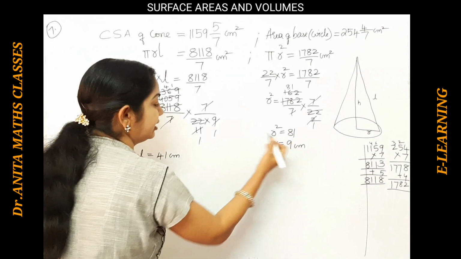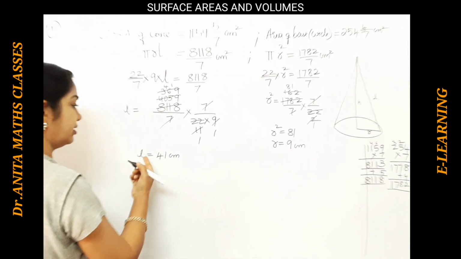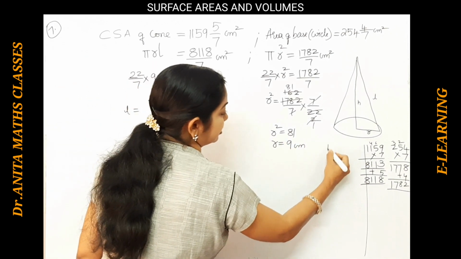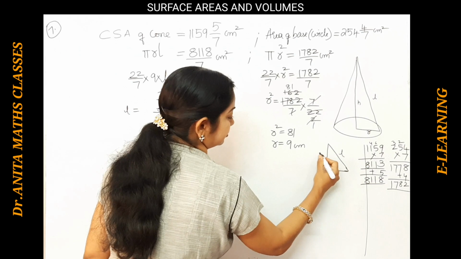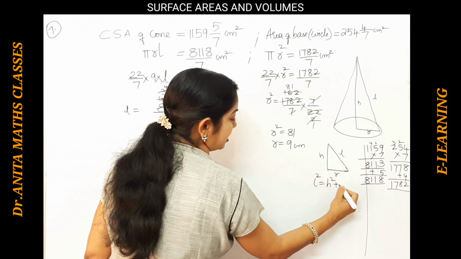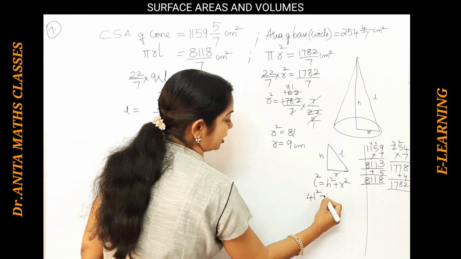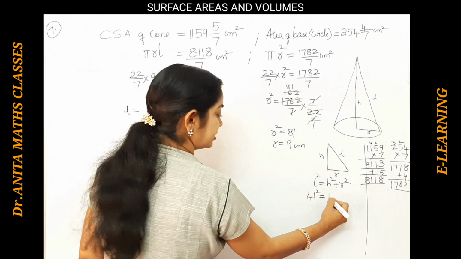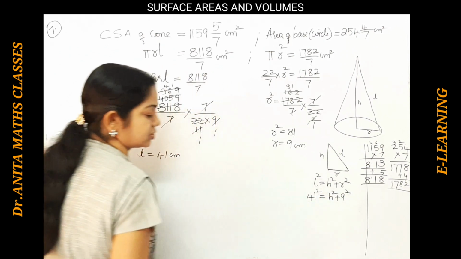But to find the volume we have to get h. So how do we get h, when l and r are given? From the Pythagoras theorem, l square is equal to h square plus r square. So 41 whole square is equal to h square, which we have to find, plus 9 square.